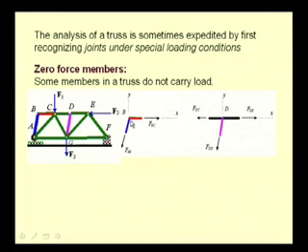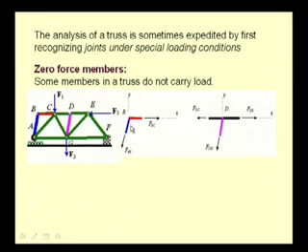So, if a force exists in this member AB, then it will have a vertical component and a horizontal component. The horizontal component of this force AB can be balanced by a force that exists in, let us say, the member BC, but the vertical component of this force FAB cannot be balanced because this member BC, which is horizontal, cannot support any vertical component of the force.